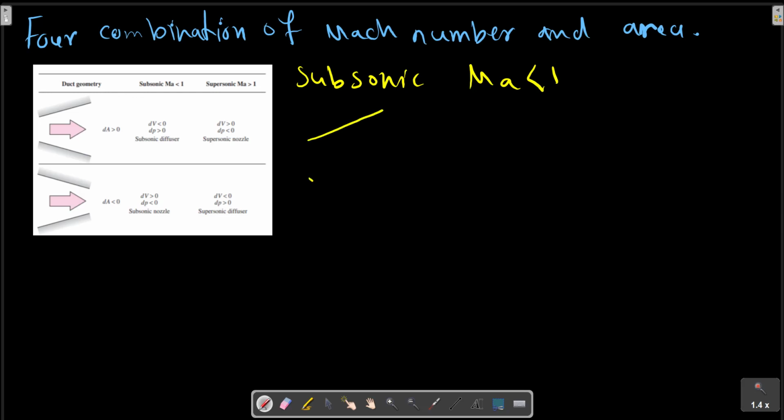If the area is increasing, we say that dA is greater than 0.